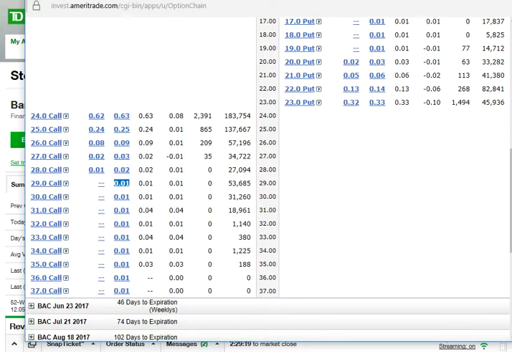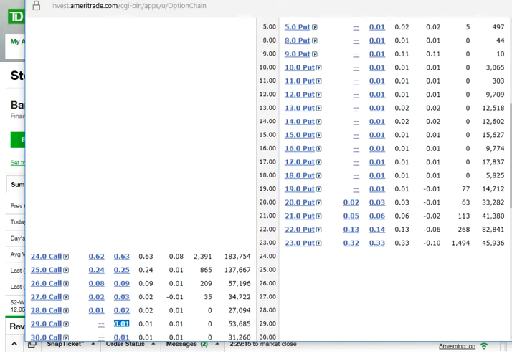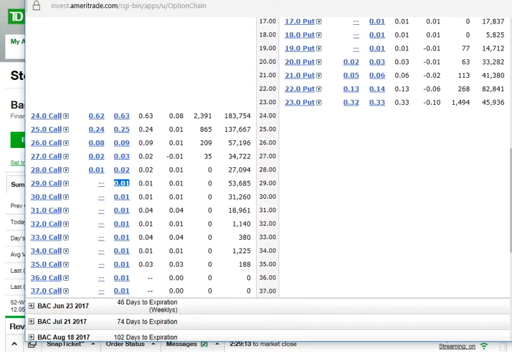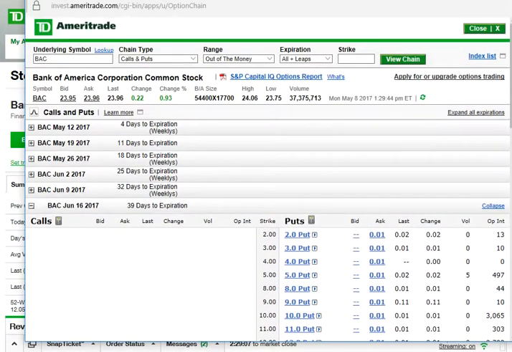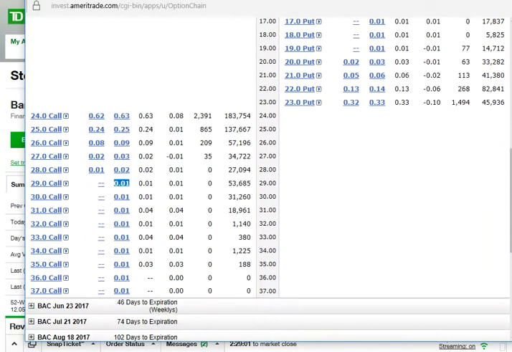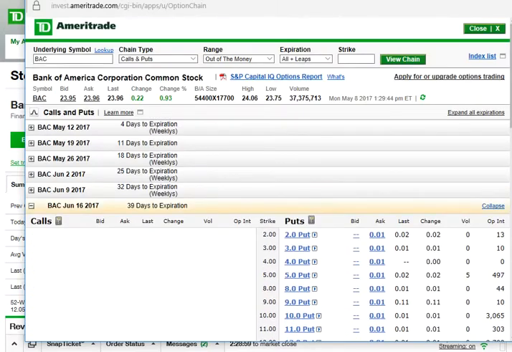So 1,000 times 100 would be what? You'd have $100,000. Okay. But if you're wrong, then you just lose $1,000, and the chances are pretty low that it's going to go up that high. And there's actually a way that you can calculate the probability using an option Greek known as delta, which maybe I'll do a video on that later on. But for now, I'm just showing you the option chain.